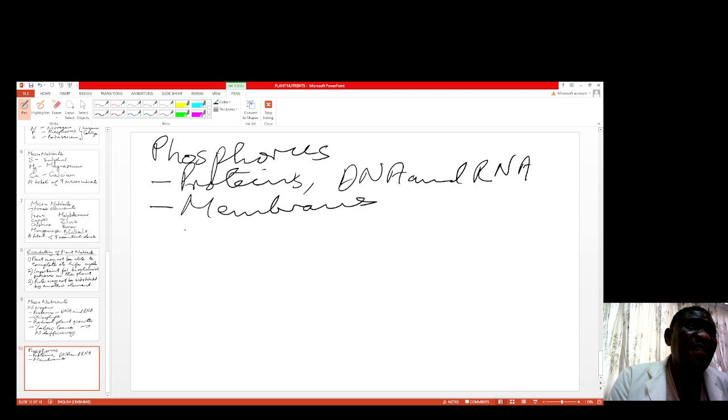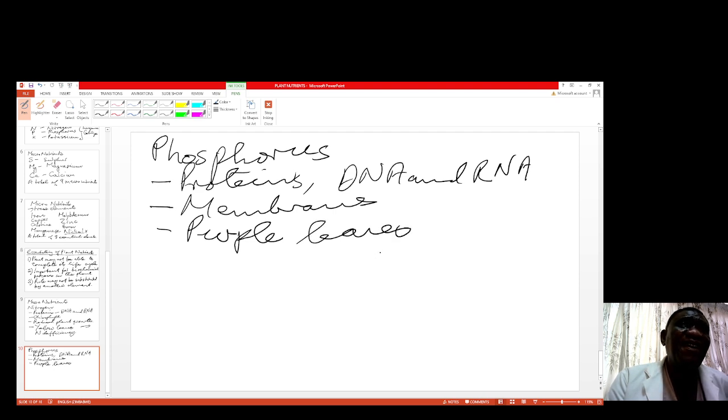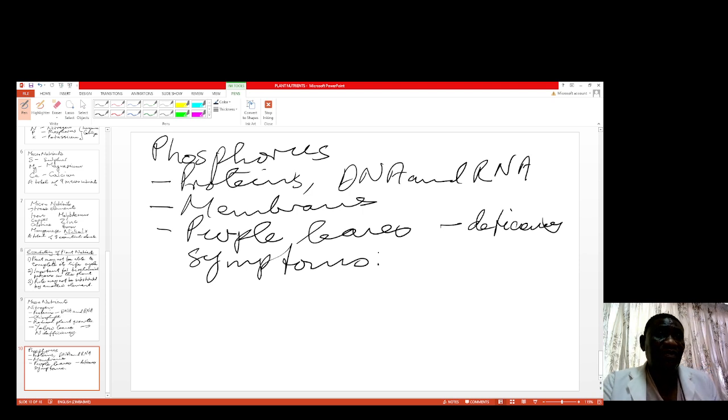With its deficiency, you may have purple leaves showing deficiency symptoms. So let me show you some of these deficiency symptoms of these two key elements.